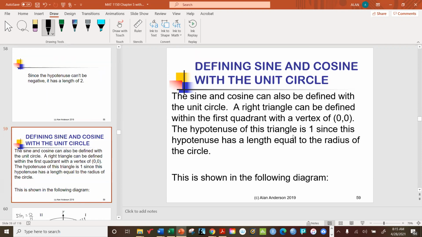Now it's time to look at this unit circle one more time. We can use the unit circle to come up with all these different calculations. A right triangle is first defined within the first quadrant with a vertex of 0, 0. The vertex, of course, is the starting point. The hypotenuse is 1.